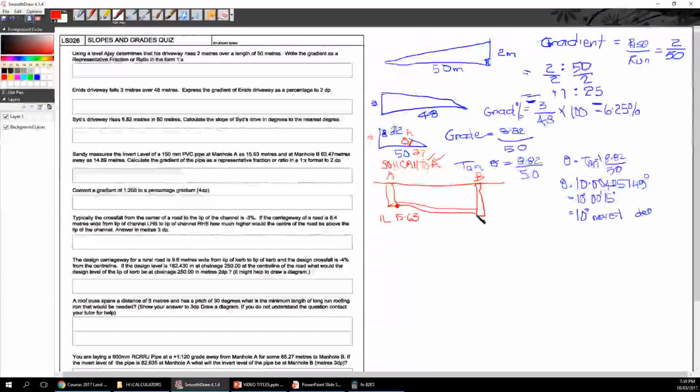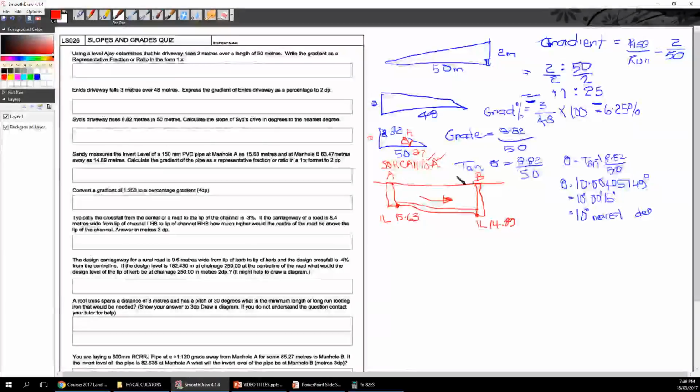Okay, and the invert level at B is 14.89, so it's lower. The invert levels are levels above sea level, so obviously this one is more above sea level, this is less above sea level, so the water's going to flow in that direction.